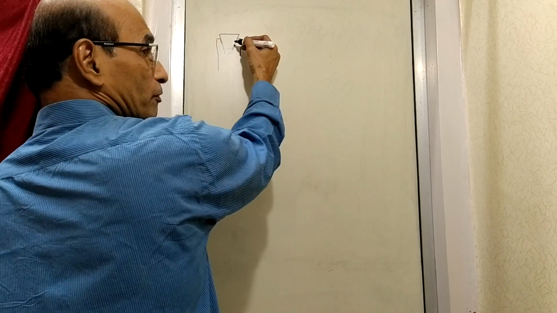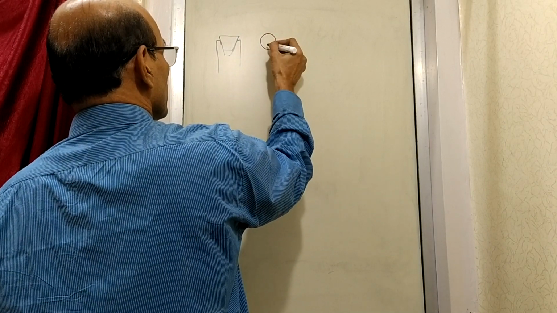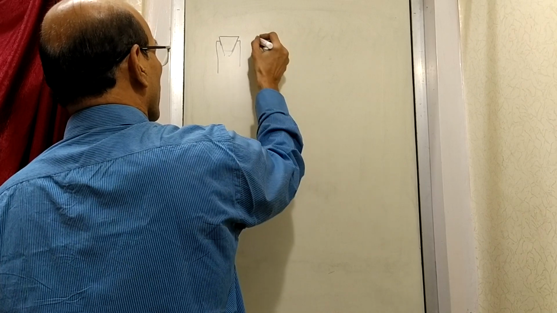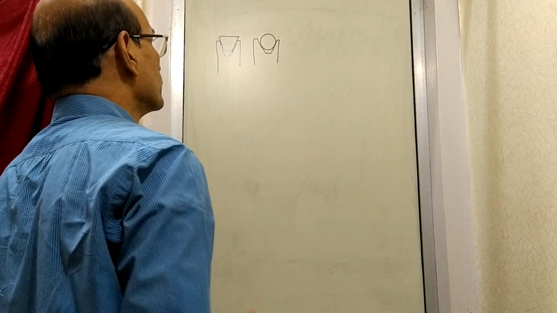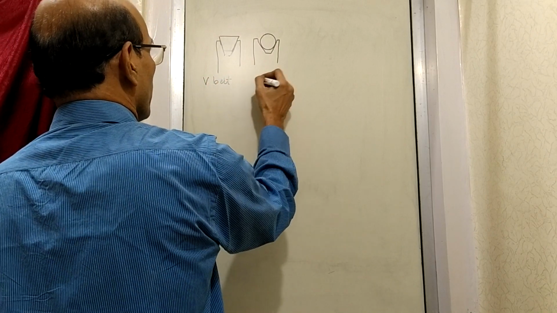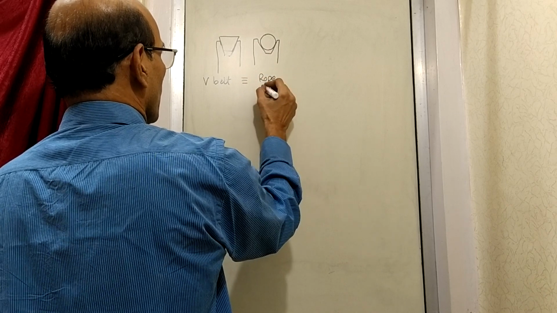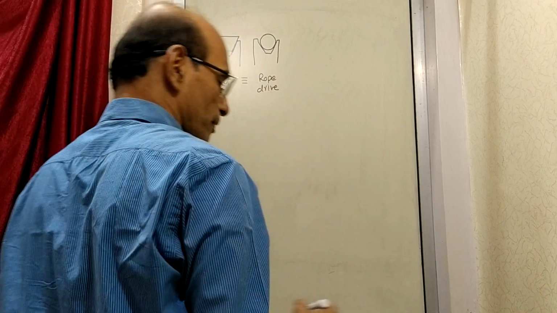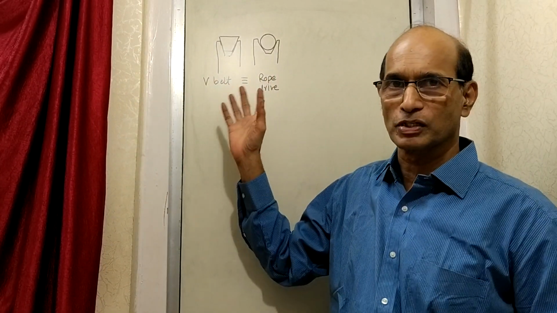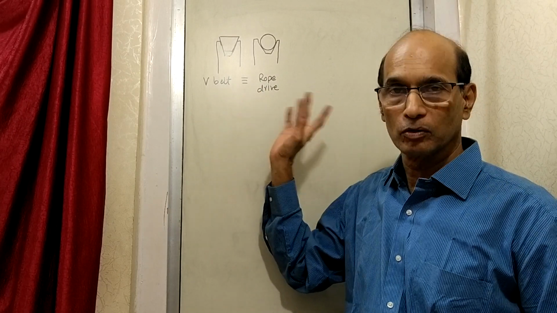The same thing happens in case of a rope drive. So rope drive and V belt is same. Same in the sense, same as far as the theory is concerned, as far as the calculations etc. are concerned, whatever we have learned for V belt, everything is applicable to rope drive.